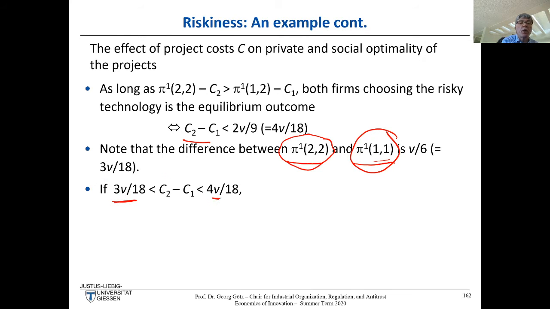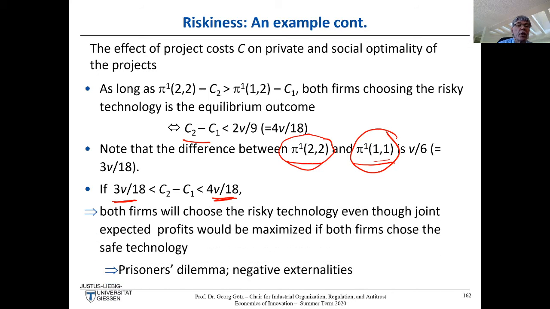So in this interval, both firms will choose the risky technology, even though the joint profits would be maximized if both firms choose the safe technology. You see here the cost difference is higher than the profit difference, and that means it's really bad for both of them, but here we just have a prisoner's dilemma and negative externalities.